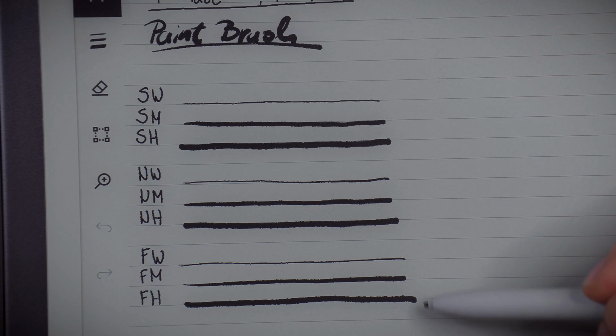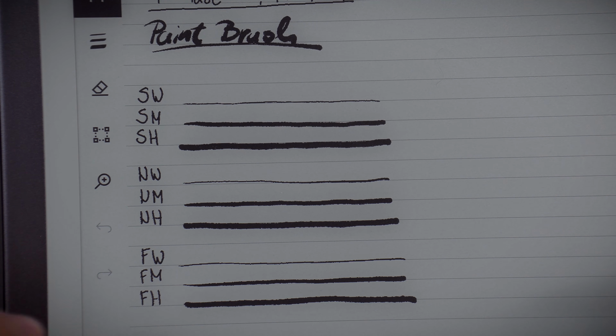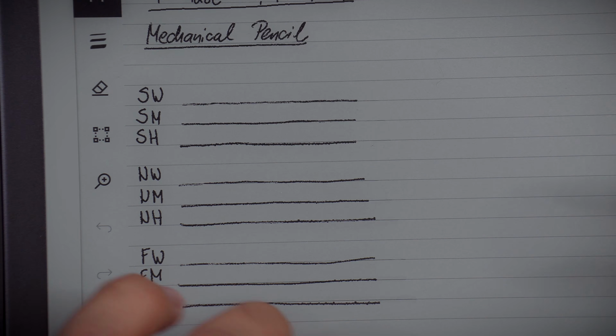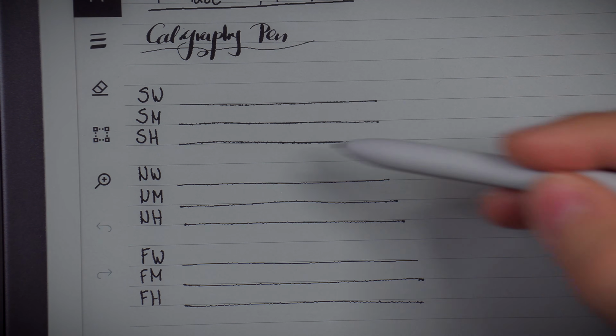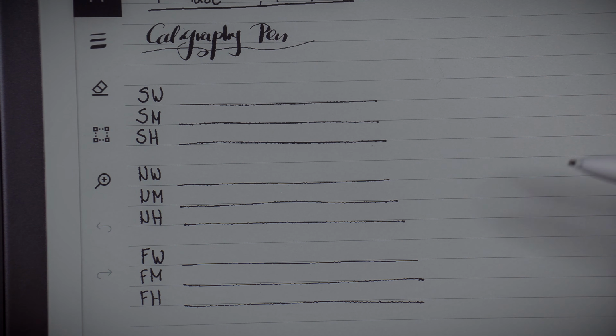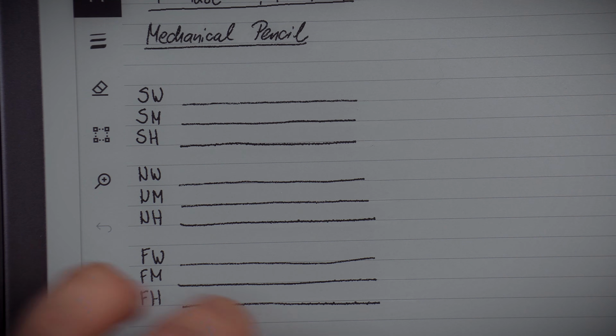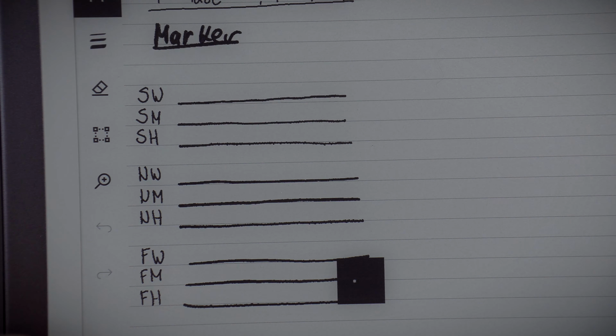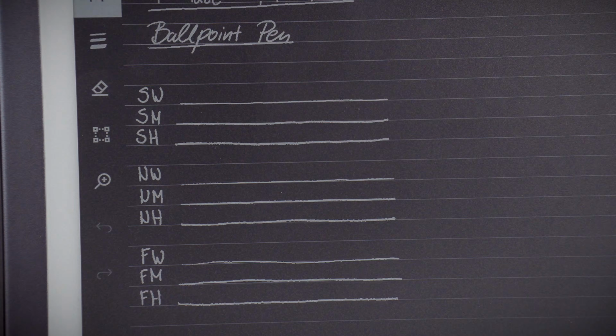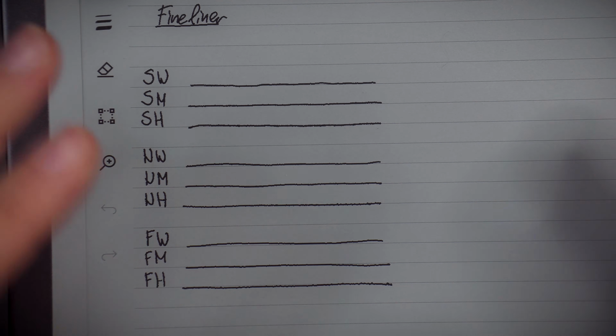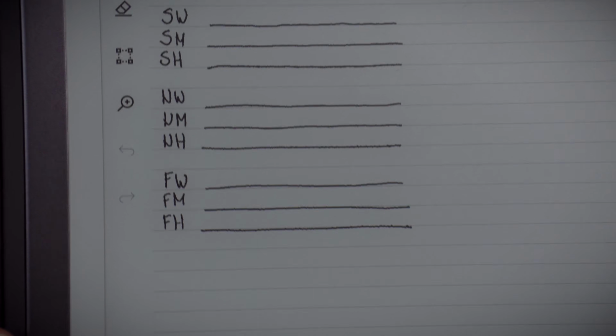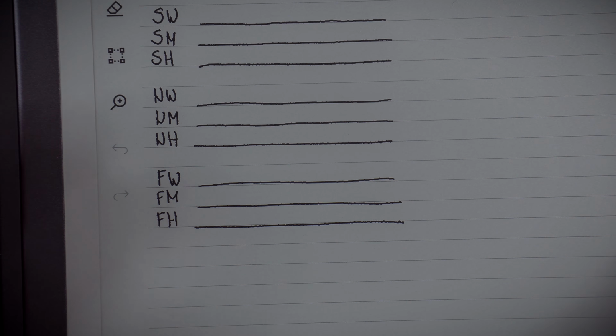And basically that translates to any brush that I tested, including the calligraphy, which seems to be particularly sensitive to these things. But I wanted to focus mainly on the fine liner because it's not a pressure sensitive pen, and it can give me the most consistent results.